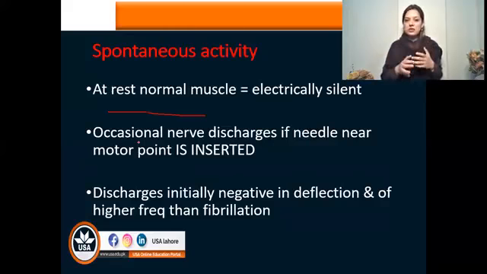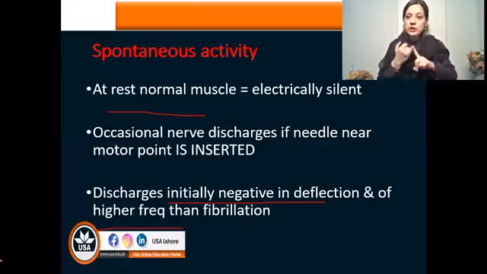Occasionally, a nerve discharges if the needle is inserted near the motor point. When I do the electromyography of a muscle at the rest stage and insert a needle, the muscle shows a normal nerve discharge, which is initially negative in deflection and of higher frequency compared to the fibrillation potential that we are going to discuss.